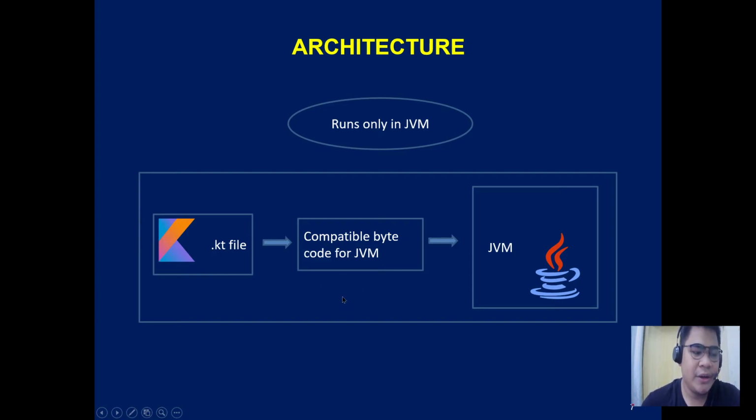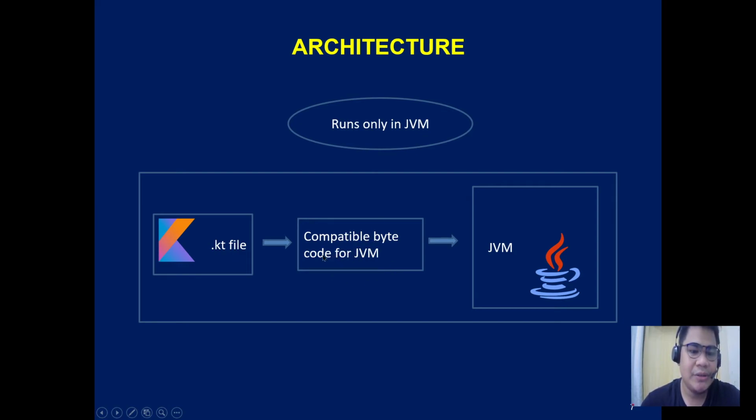The Kotlin compiler will create a bytecode for the JVM, and that bytecode will run on the JVM, which is exactly equal to the bytecode generated by a Java class.